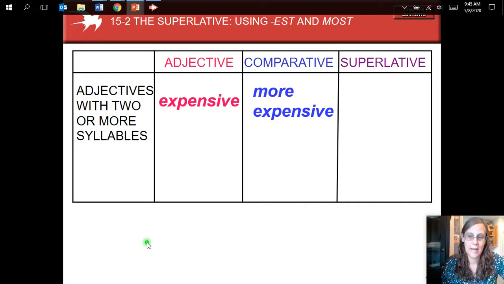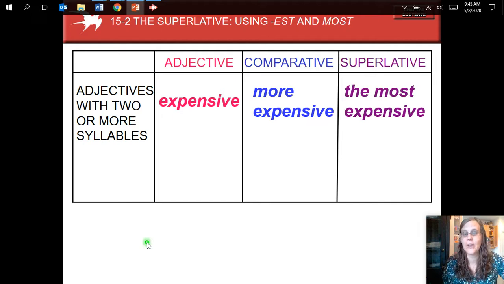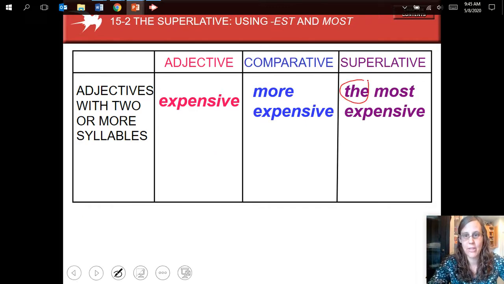Now, what is the superlative form? The superlative form is the most expensive. So you want to make sure that you have the in the front and the word most before the adjective.